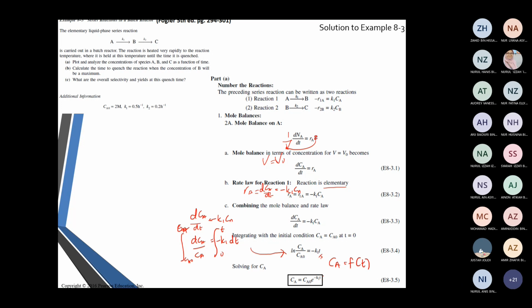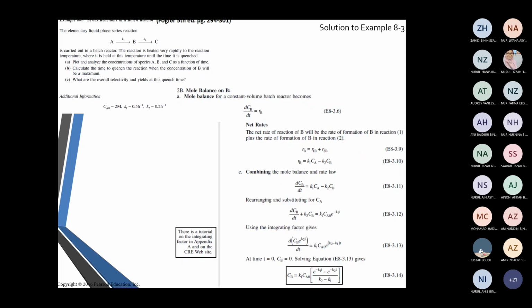Now the complicated part is when getting the equation for B and C. Because for B, if you look, B is now in the middle. So A to B with k1 is related, and B to C is also related. A to B makes B a product, but for the second reaction B to C it becomes a reactant. So this should be in terms of RB net.